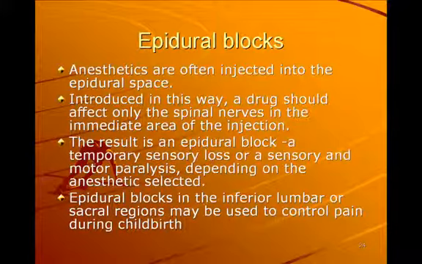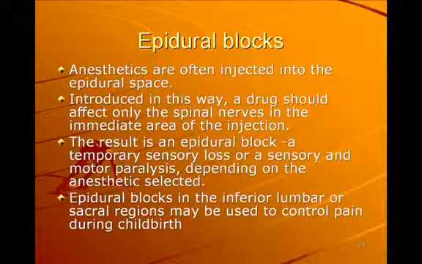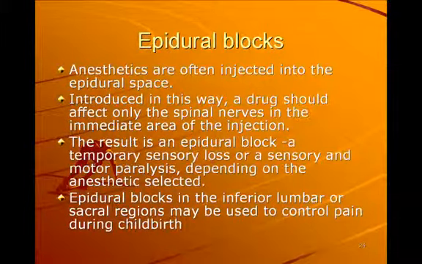Now, when anesthetics are introduced this way, the drug will usually affect only the spinal nerves immediately in the area of injection. In other words, if I enter into the epidural space of L1, the nerves immediately around L1, which may mean T12, L1 itself, and L2, typically sensory loss, motor paralysis, typically is seen depending on the anesthetic that is selected.